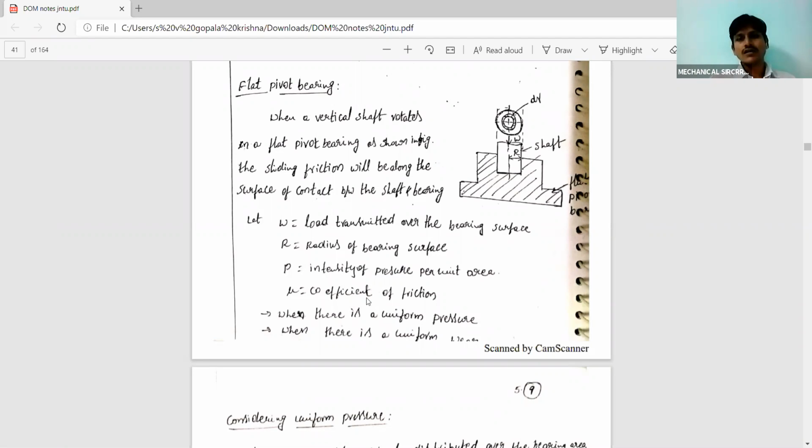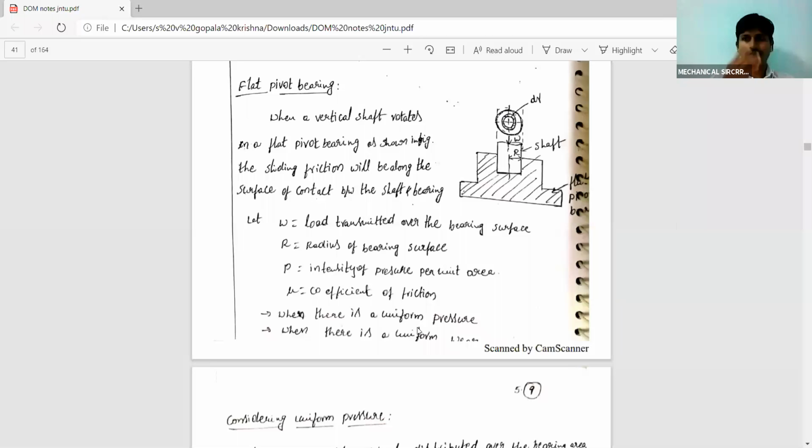In a similar way here, how much pressure is applied to the bearings lets us find the wear rate. From the uniform pressure point of view, the pressure is uniform, that means it maintains uniform pressure.